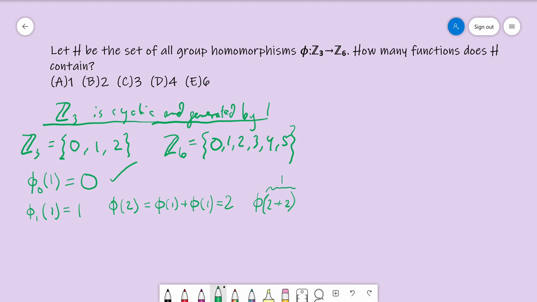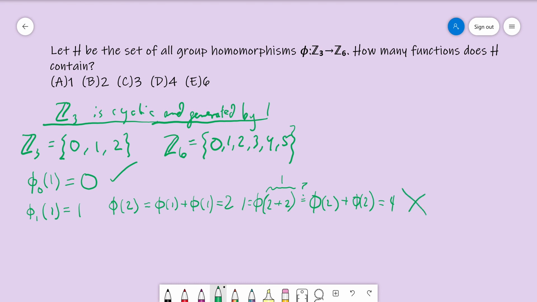Well, phi of 1 is supposed to be 1. Let's write that here. 1 is equal to phi of 2 plus 2. But if phi were a homomorphism, so here's the question mark, this would be equal to phi of 2 plus phi of 2. Well, we know that phi of 2 is 2, so 2 plus 2 is 4 in Z6. So these are not equal. 1 is not equal to 4, so this is not a homomorphism.